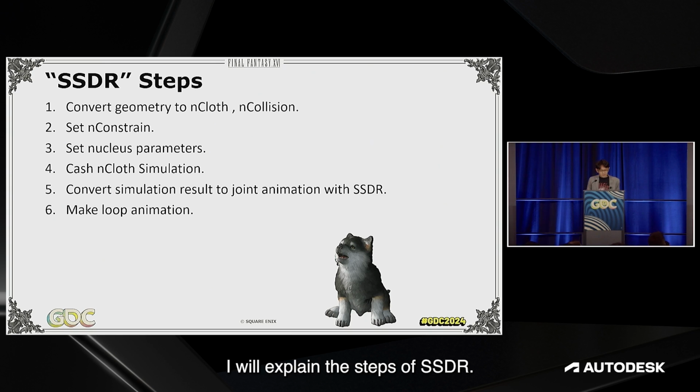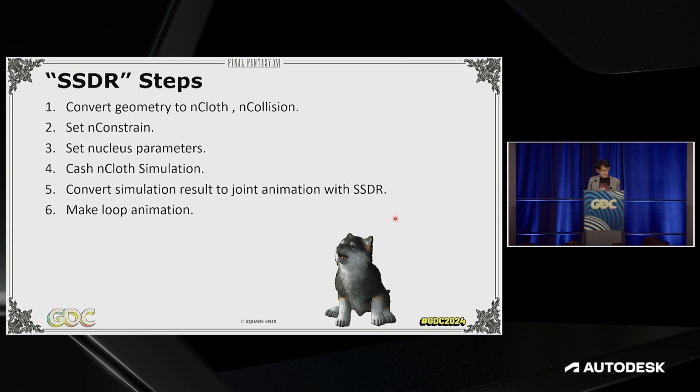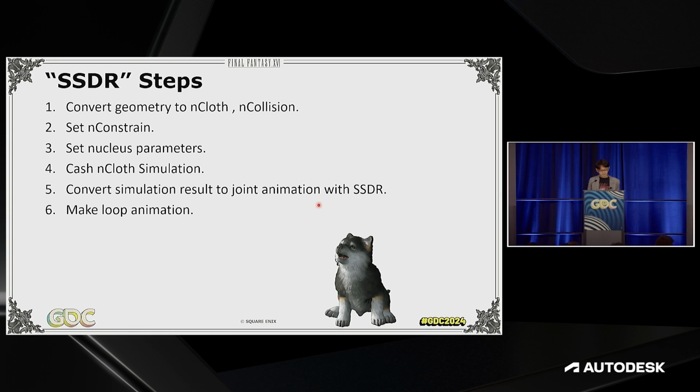I will explain the steps of SSDR. We have already developed our own tools to convert geometry caches into bone animation using SSDR. So we use this technology. First, the wind simulation uses Maya's nCloth and caches the result. Then, the movement of the geometry cache is calculated using SSDR and baked into the bone animation.